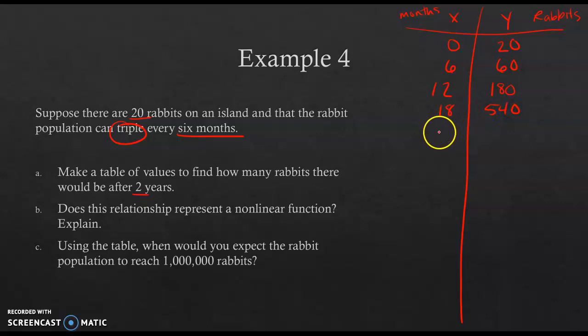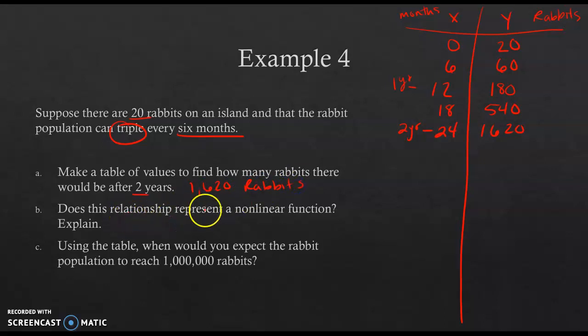And then we're going to do 24. And then 540 times 3 is 1,620. And so this was 1 year. So this is 2 years. And so it says how many rabbits will there be after 2 years. And the answer is 1,620 rabbits.